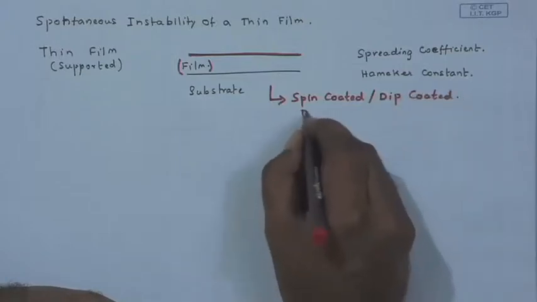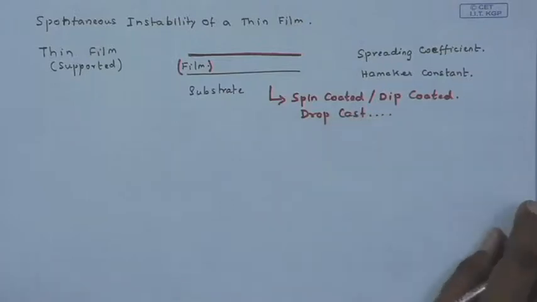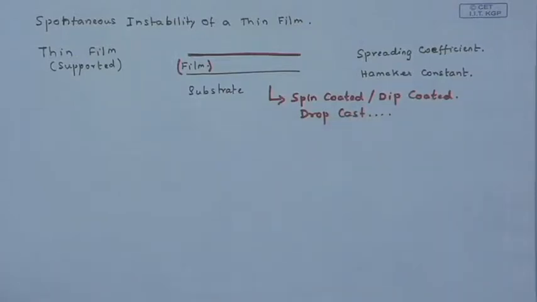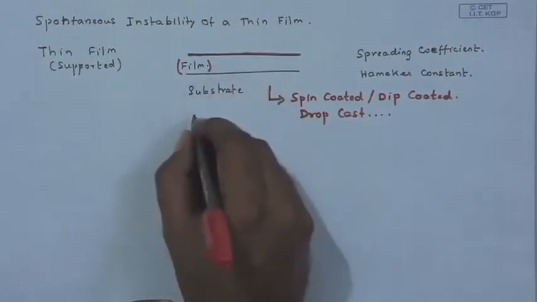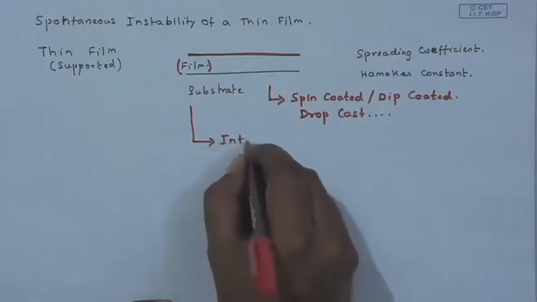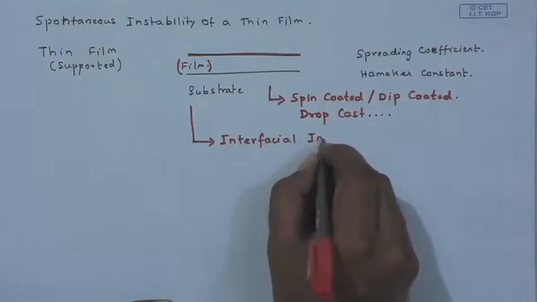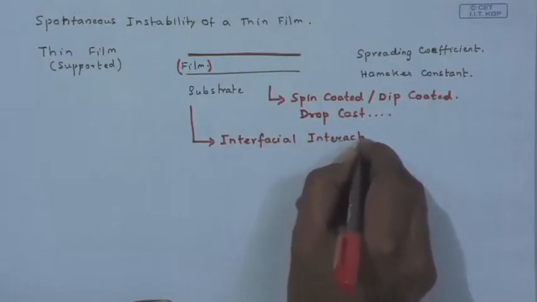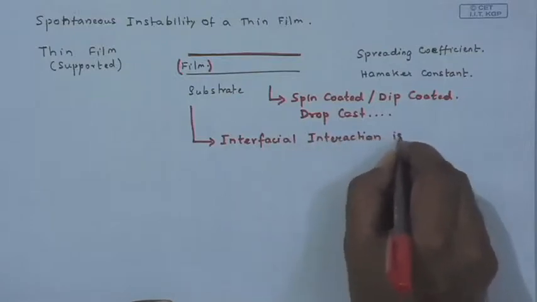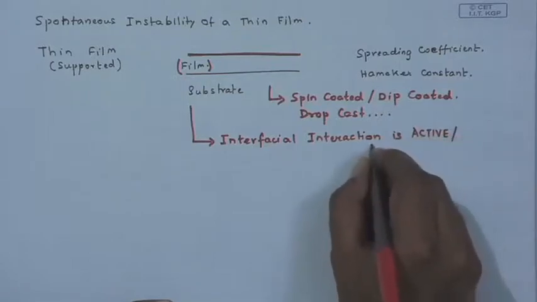One can drop cast such a thin film. There are various ways. So, we have identified something to be a thin film when we understand that the interfacial interaction is active or present.